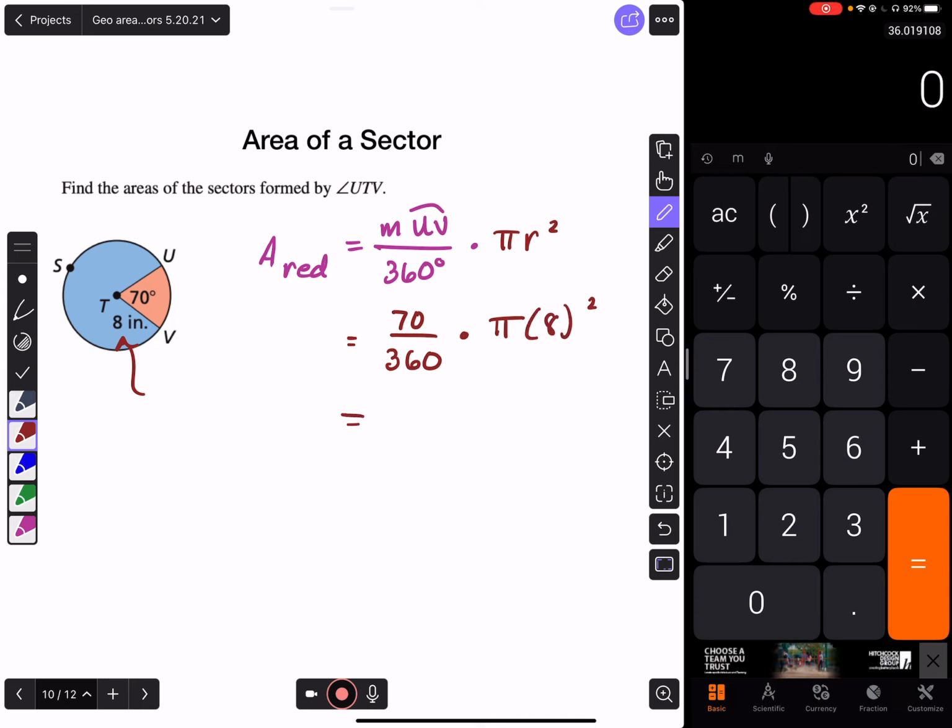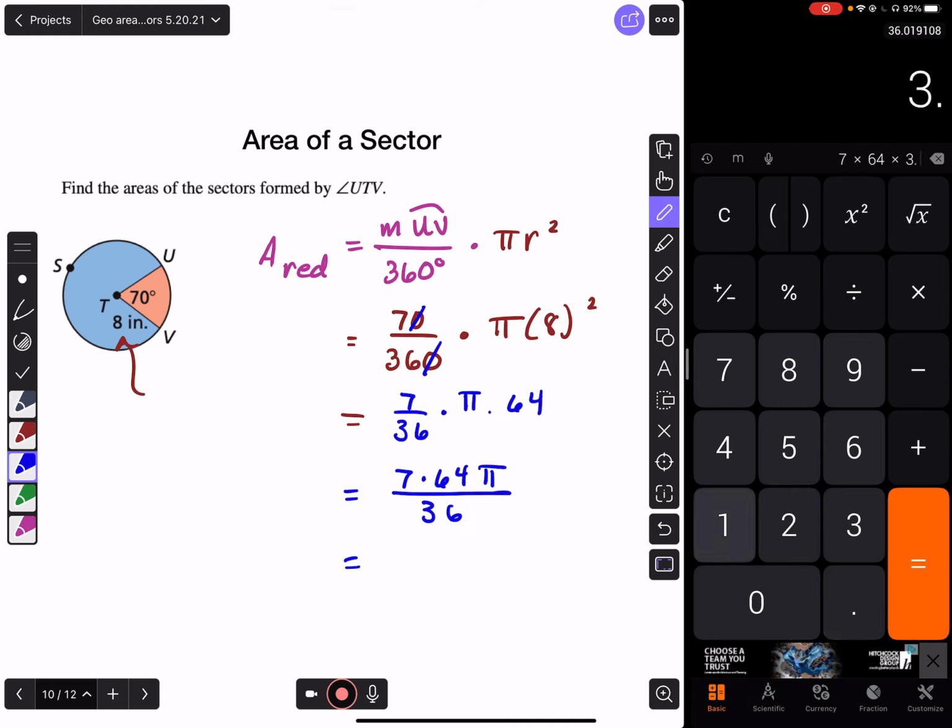So let's do a little cleanup here before we get out the calculator. So that simplifies to 7 over 36 times pi times 64, 8 squared. So 7 times 64 times pi over 36. Let's go ahead and get a decimal value. It didn't ask for it in terms of pi, so we'll go 7 times 64 times pi, 3.14.